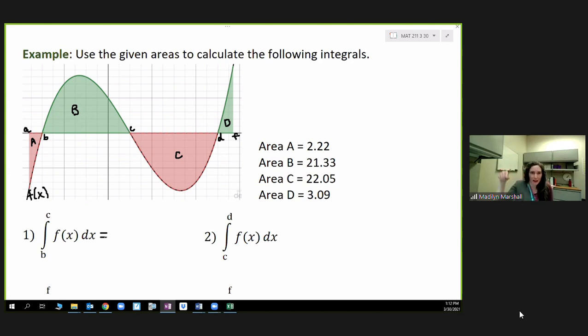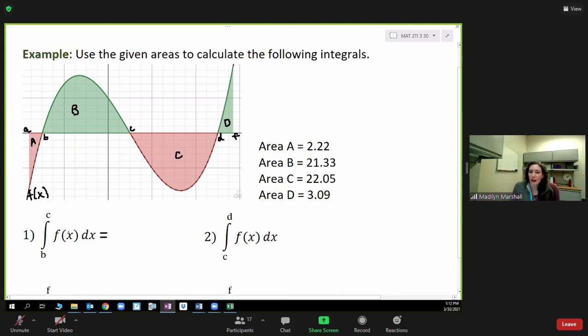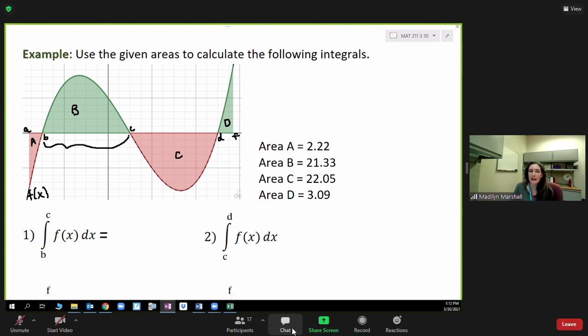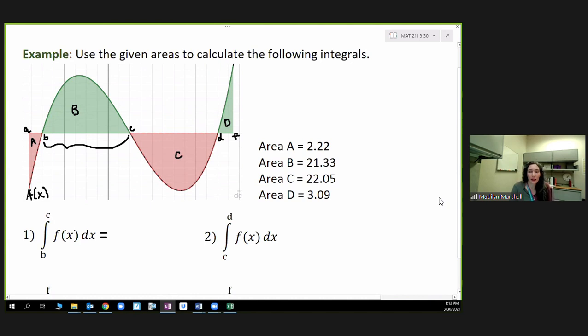And that curve is f of x. So if we want to find the integral from b to c, so b is our starting point, c is our ending point, of f of x dx, that means we're starting here at b and we're going over to c. So this is a definite integral, which means graphically it's the area between the curve and the x-axis on that interval.